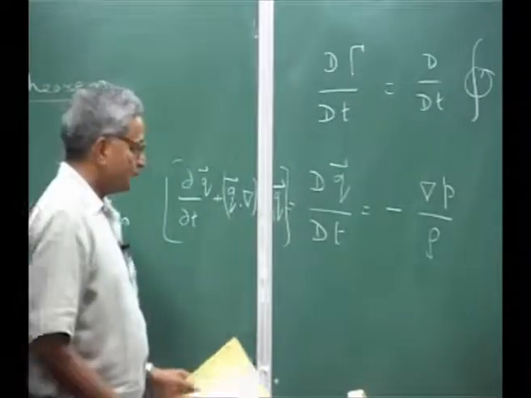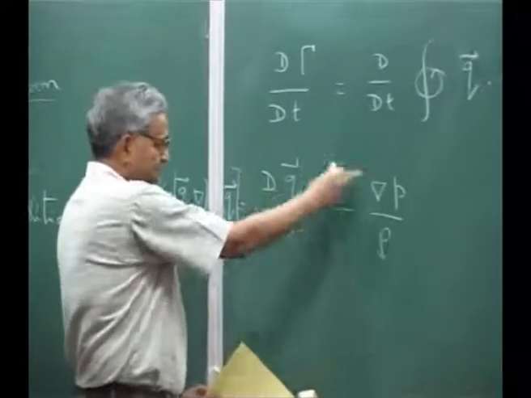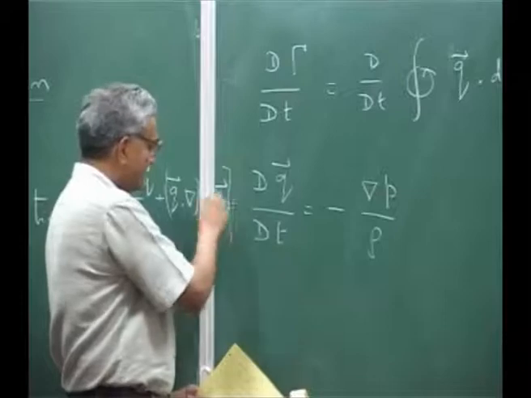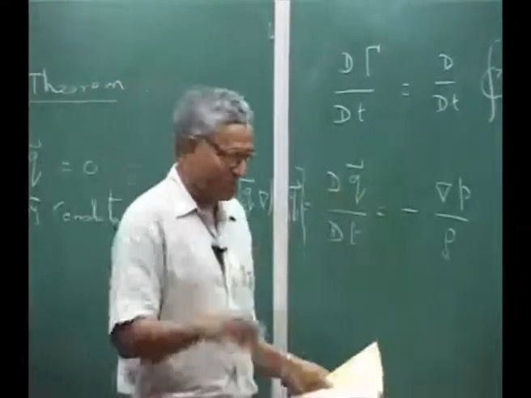Now what you do is you take a curl of this, and because d by dt and curl are linear operators, you can shift them wherever you want.